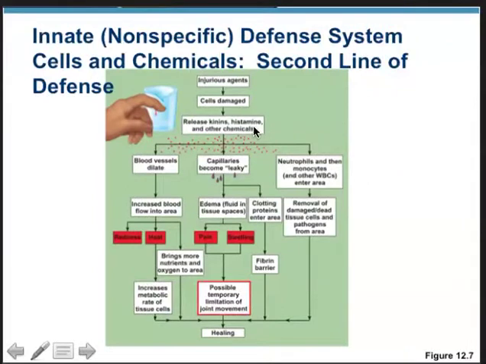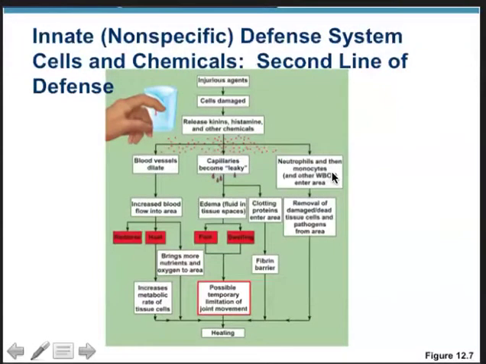These are things like histamine and other chemicals that are chemical attractants for macrophages and lymphocytes, but they also have certain local effects, causing, for instance, the blood vessels to dilate to increase blood flow to the area. The capillaries open up, and this is to allow white blood cells that flow by to move through the capillaries and into the tissue fluid and battle the pathogen.